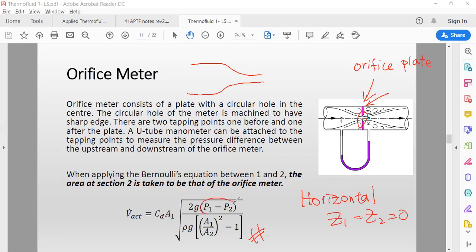Same thing, we need to find P1 minus P2, which will be given by this height difference here from the manometer. Once you have P1 minus P2, I can plug into the formula. And same thing, CD is again the coefficient of discharge, to account for the losses.